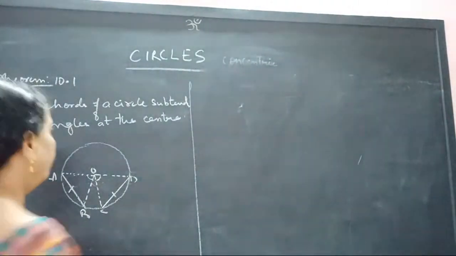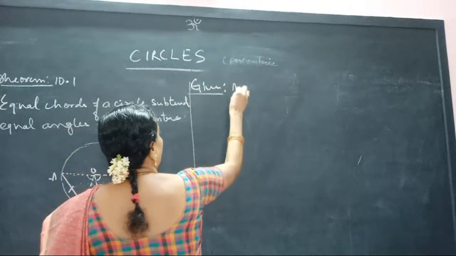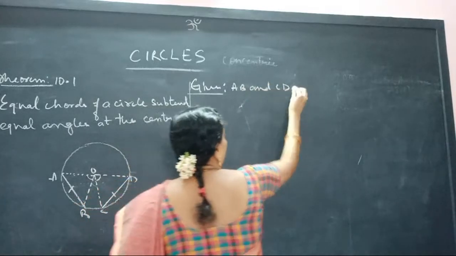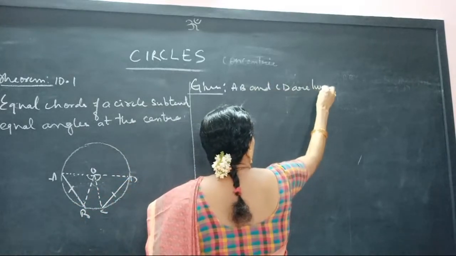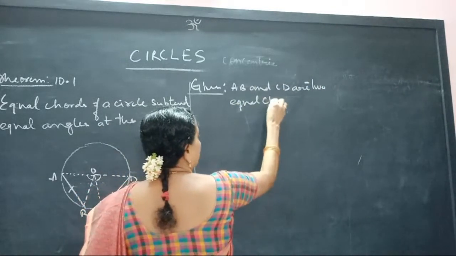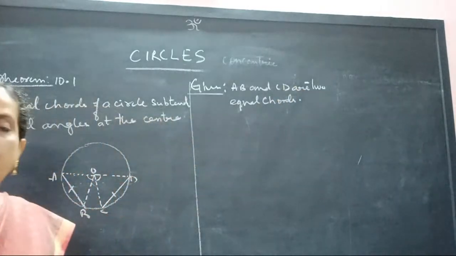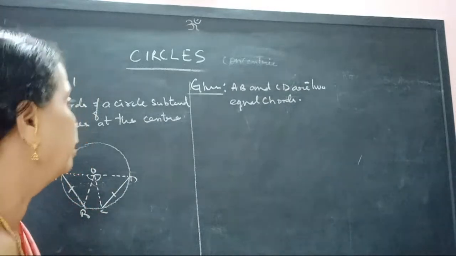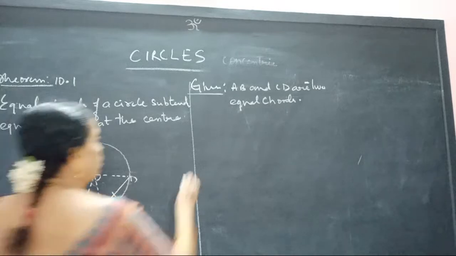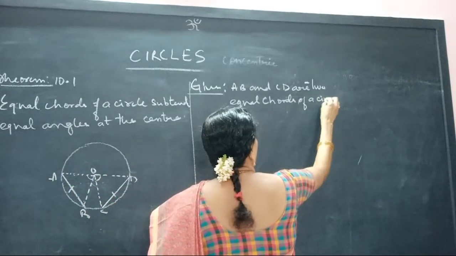I will write here, given: AB and CD are two equal chords of a circle.